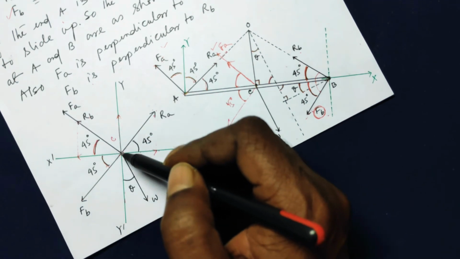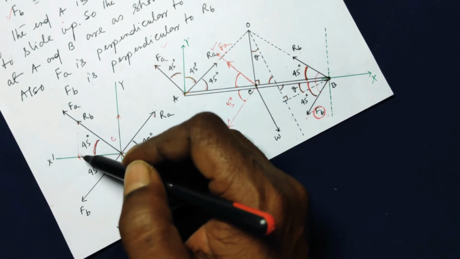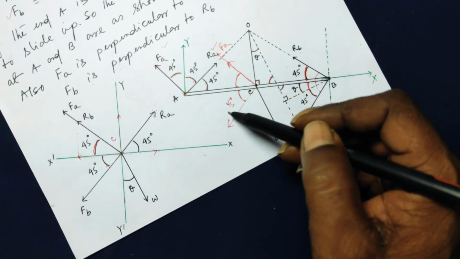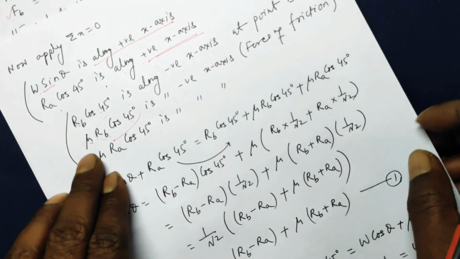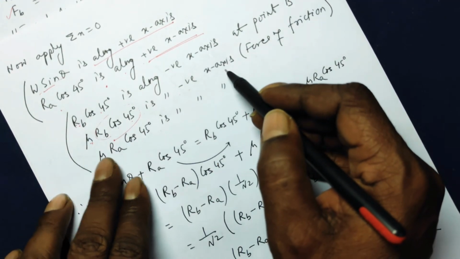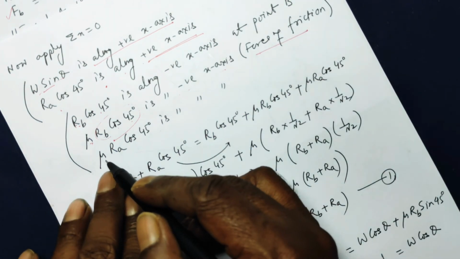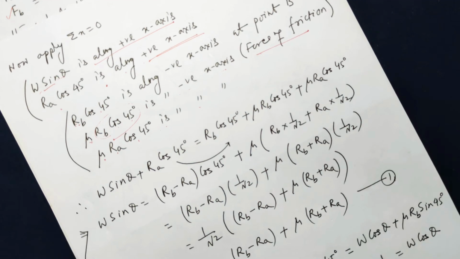Rb is to this side, Rb cos 45 is to this side. And because it is trying to slide down, the force of friction is along negative x-axis. Similarly, mu times Ra cos 45 along negative x-axis.